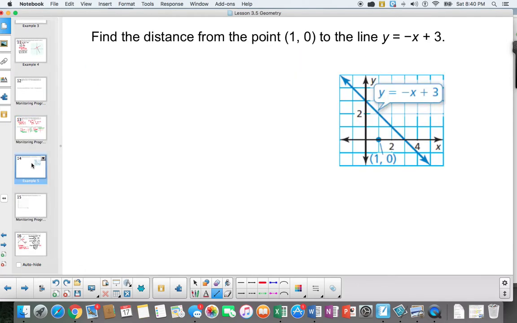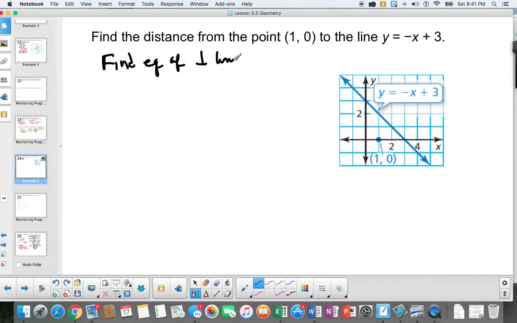We want to find the distance from the point 1, 0 to this line, y equal to the opposite of x plus 3. Okay, so in order to find a distance, I need to find the equation of the perpendicular line with 1, 0.